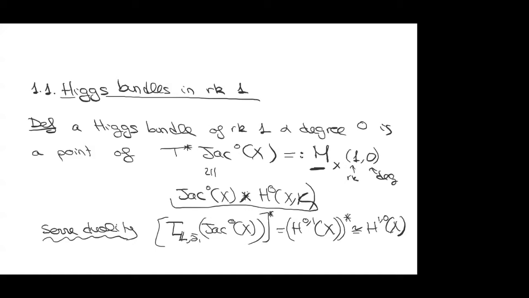So as Aswin was pointing out, a Higgs bundle is a vector bundle together with some extra structure. And this extra structure is called a Higgs field. Now it turns out that the moduli space of Higgs bundles has a very rich geometry.